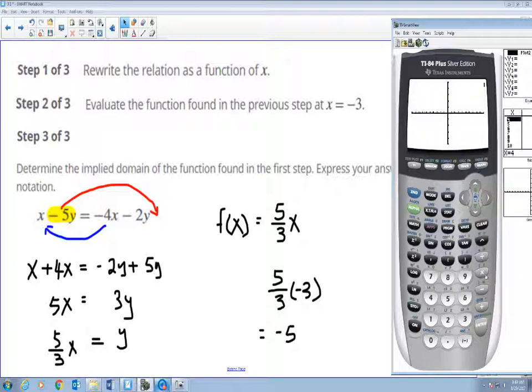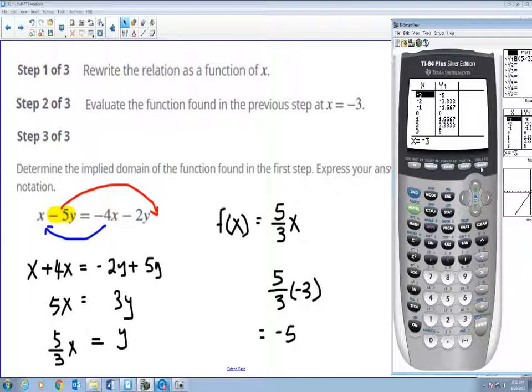If I graph it, this will be a straight line. Let me go back to the standard window for a minute. Here we go. So another way is to graph it, go to second table and look up x equal to -3. So the answer is -5.